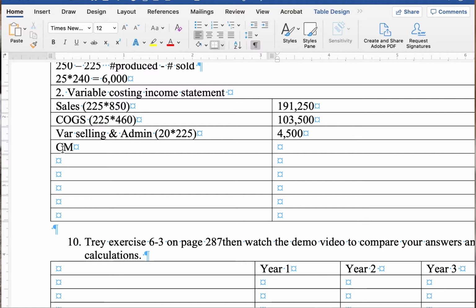Well, that's easy. I'm going to take $191,250 in sales and subtract out all my variable costs. I'm going to subtract out my variable cost of goods sold, which is $103,500. And I'm going to subtract out the variable selling and administrative. I end up with $83,250. Okay. I now subtract out my fixed MOH.